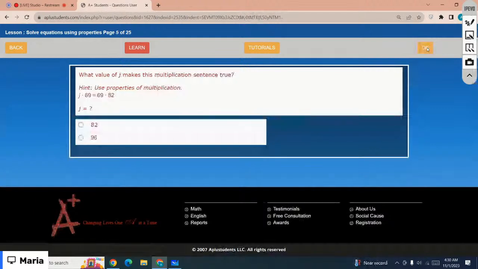Okay, what value of j makes this multiplication sentence true? So which is the correct option?